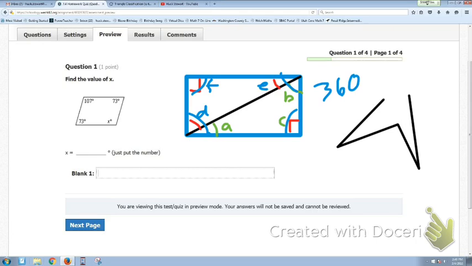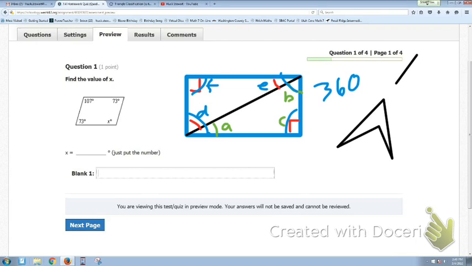Oops, I messed up there. Let's do it like this. And there you go. There's a quadrilateral because it's got four sides and four angles. Even the sum of these four angles together equals 360 degrees.